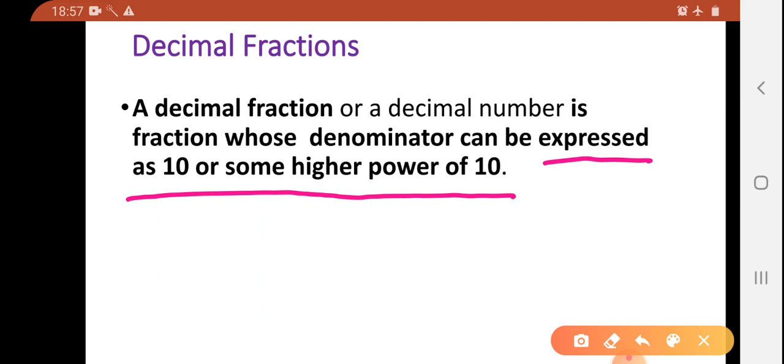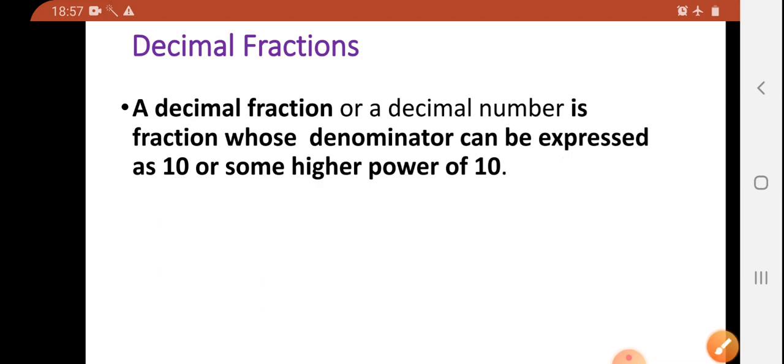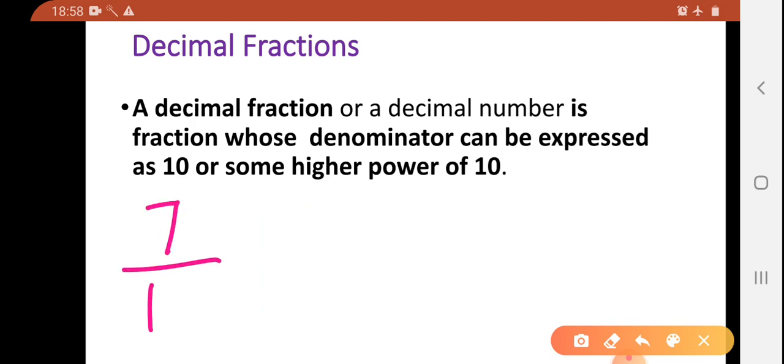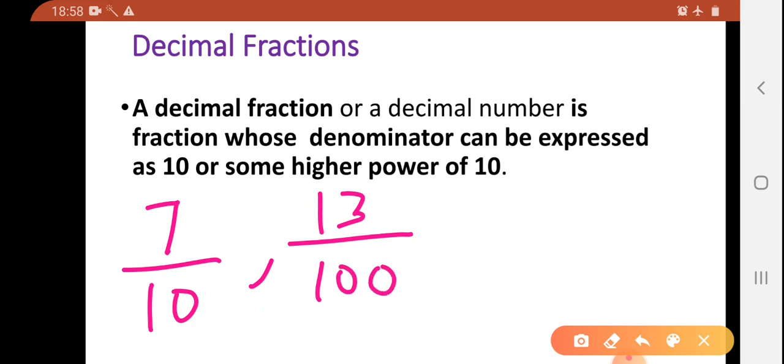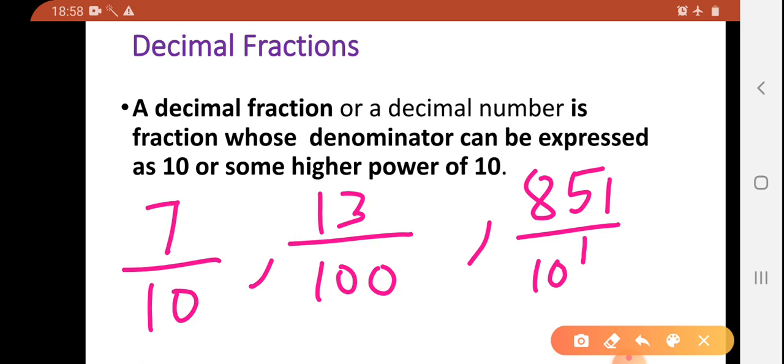As for example, 7 by 10, 13 by 100, 851 by 10 to the power 4. These are all examples of decimal fractions. Here the denominators are 10, 100, 10 to the power 4.